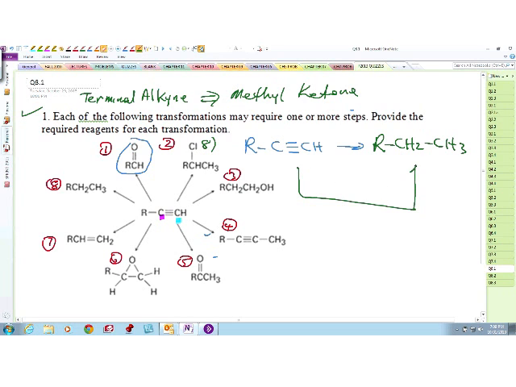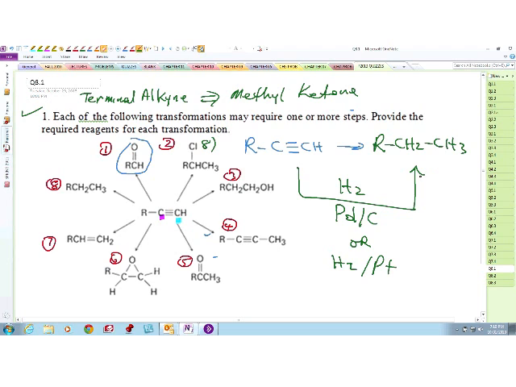All you need for that is just your regular catalytic hydrogenation with metal catalyst. You could use palladium over carbon or hydrogen with platinum. Okay, so we've finished all of the problem set in your quiz.